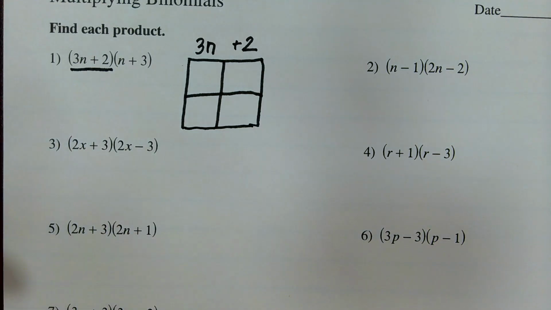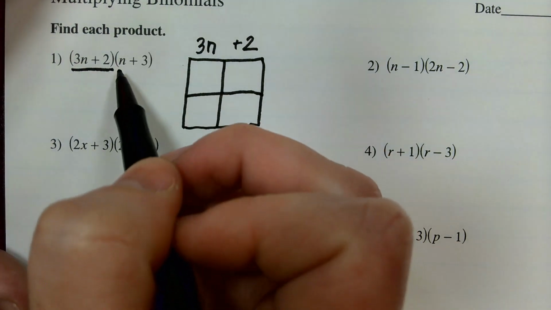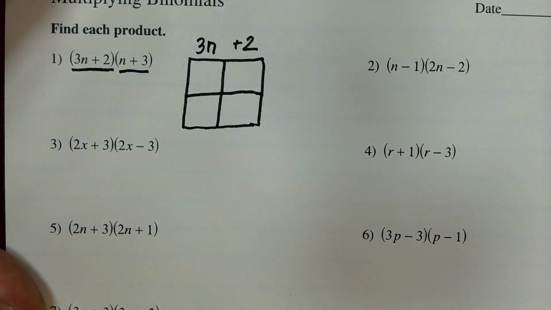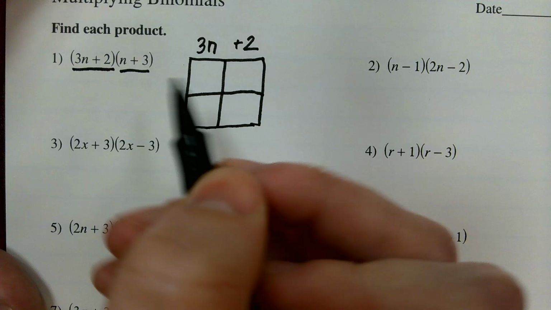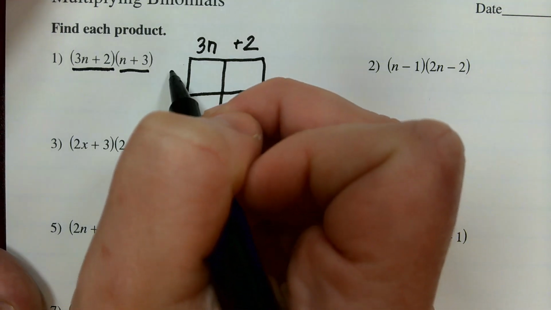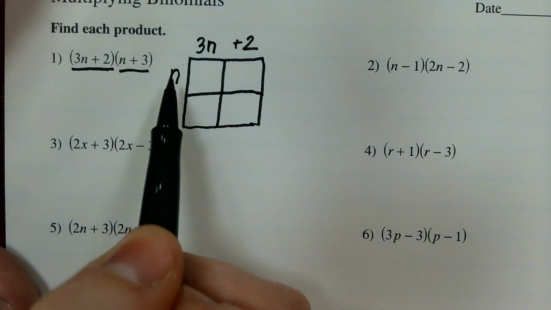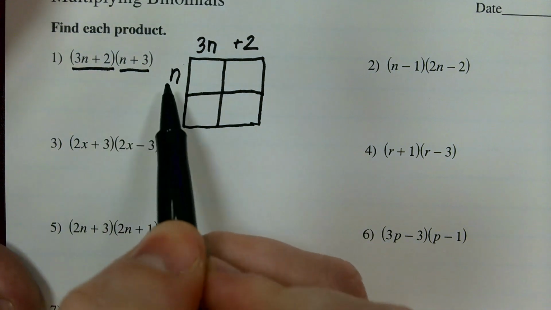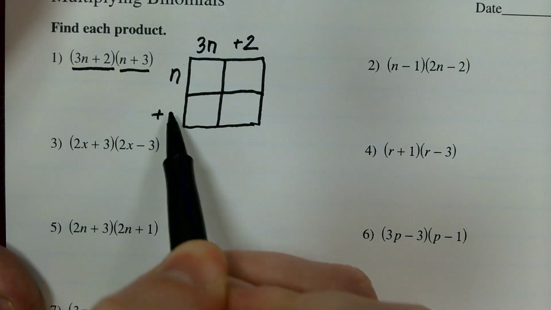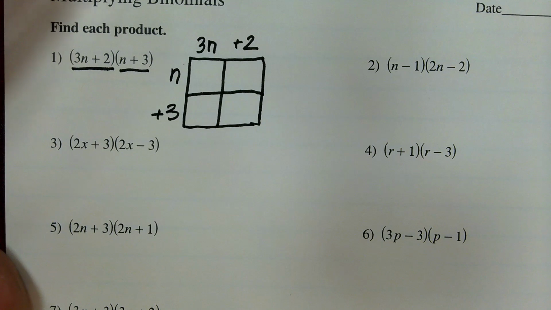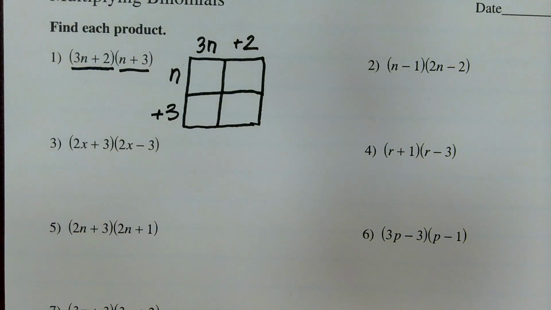Okay. Then we've got n plus 3. We're going to do it kind of the same way. I'm going to put n at the top, to the very far left top box, and plus 3 right below it, like this. Okay. Is everybody to that point so far?